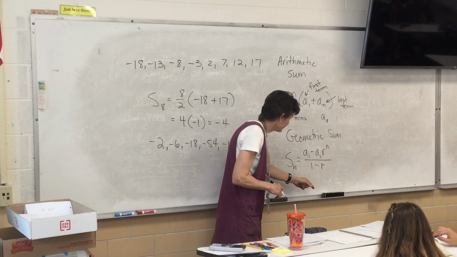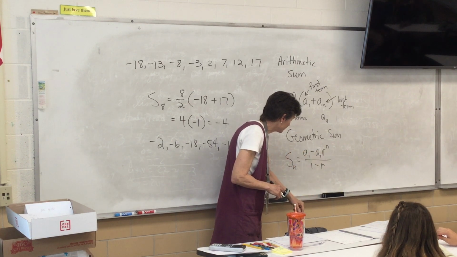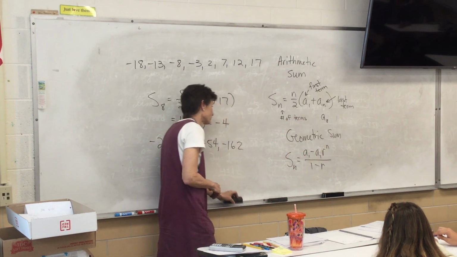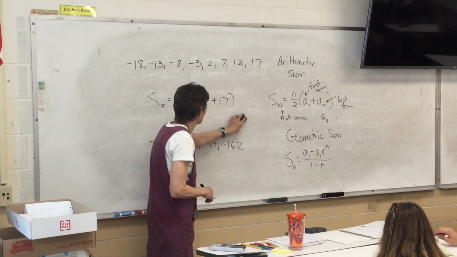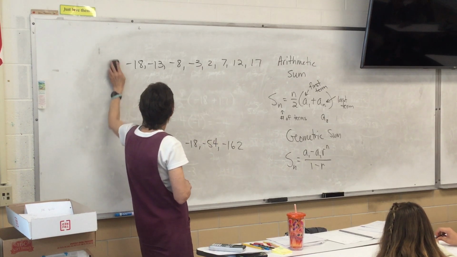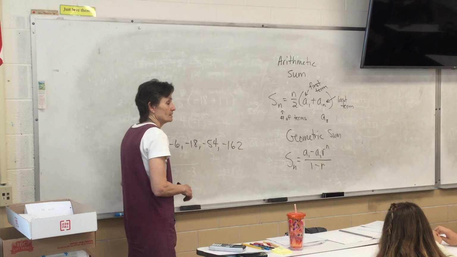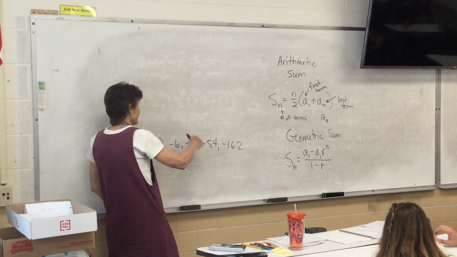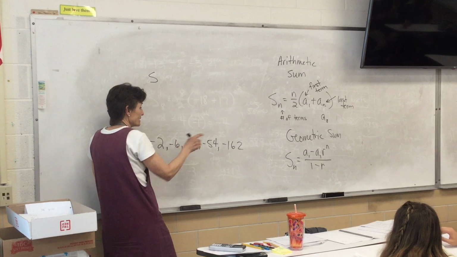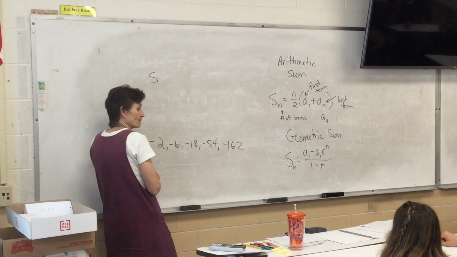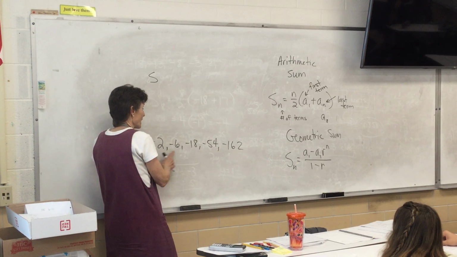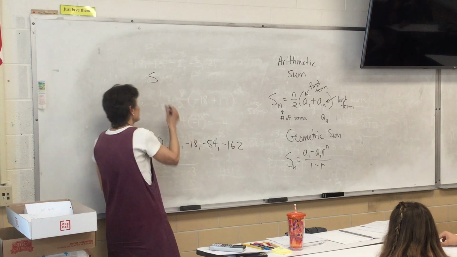That's a 1. It's an N. Now, does anybody feel like you can set it up for me? For this sequence right here. S sub what? What does N stand for? How many do I have? 5. So S sub 5.